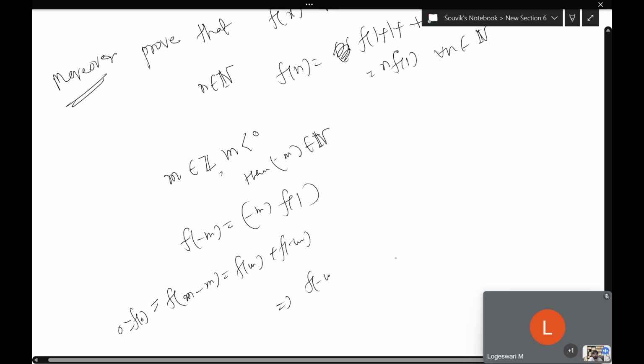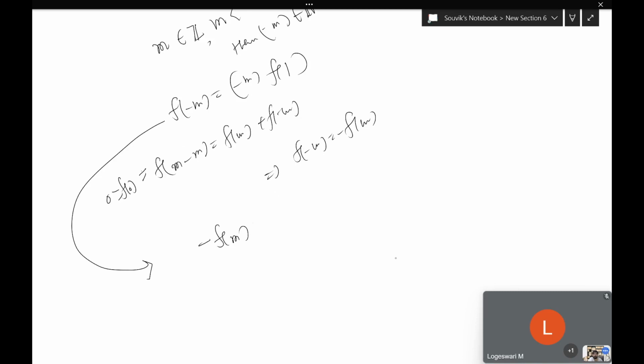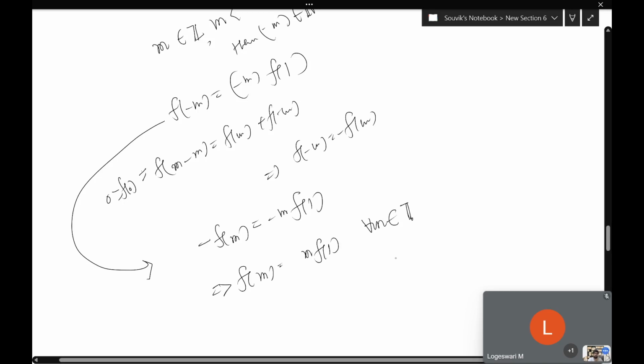So this implies f of minus m is equal to minus f of m. So this gives minus f of m is equal to minus m f of 1. So this implies f of m is equal to m f of 1 for all m belongs to Z. This is the first part.